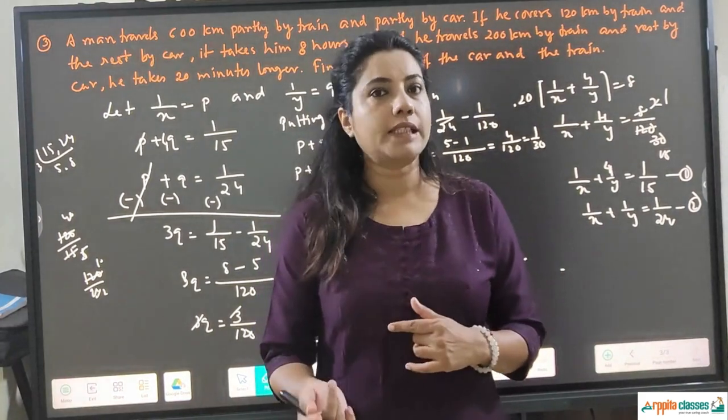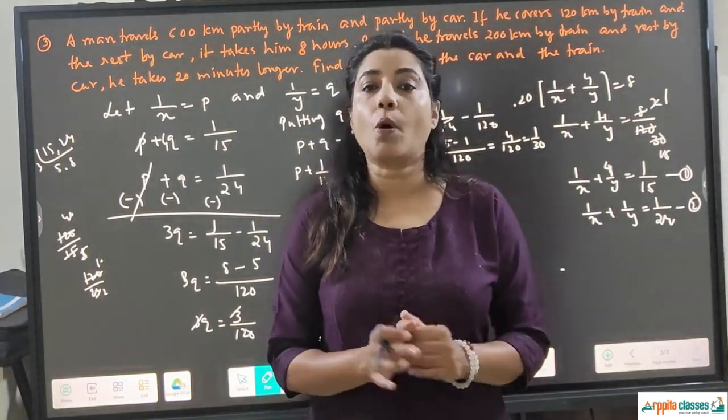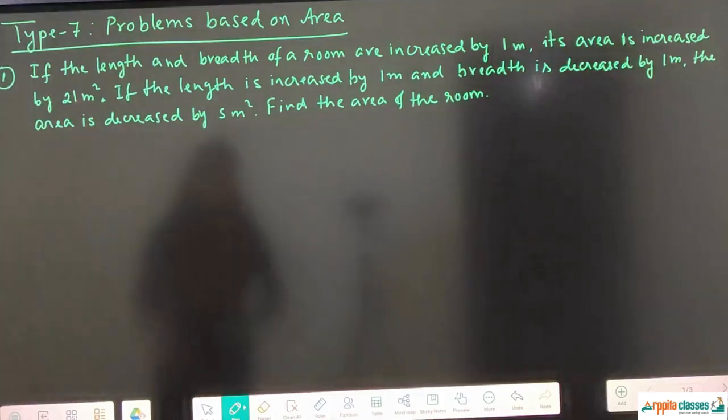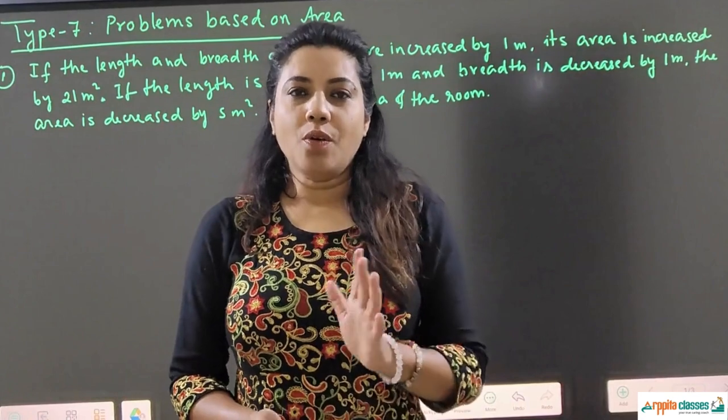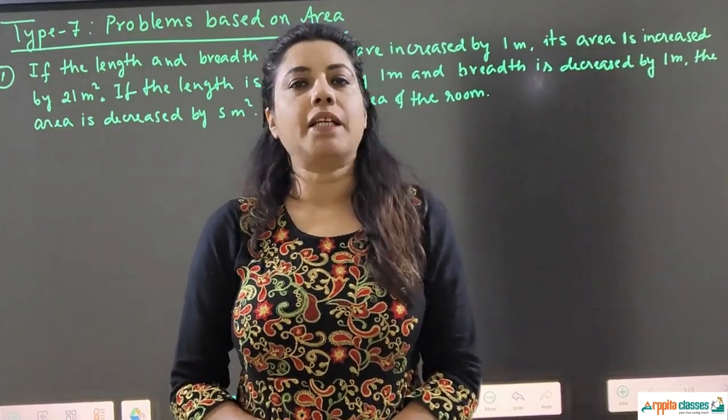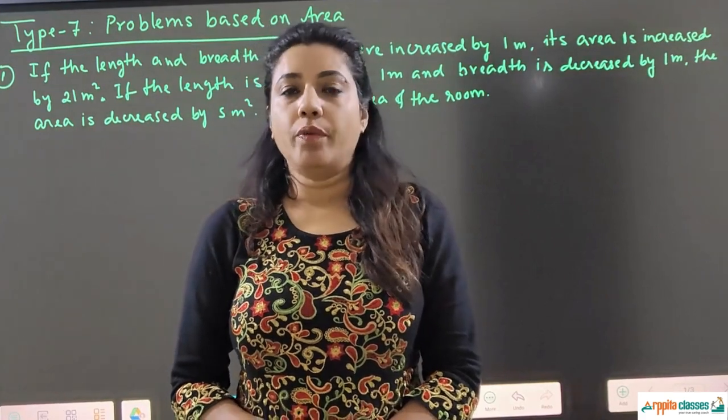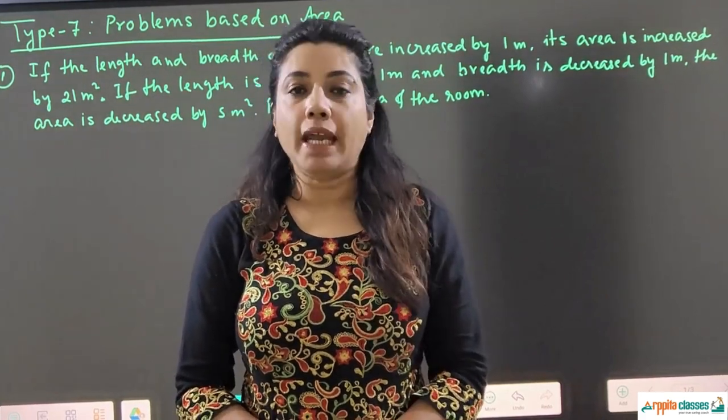Now I'll start with the next type, that is type number 7, which is problems based on area. Okay everyone, so now we will move on to the next type, type number 7, where we are going to cover the sums based on areas.